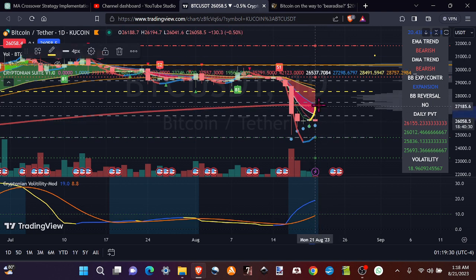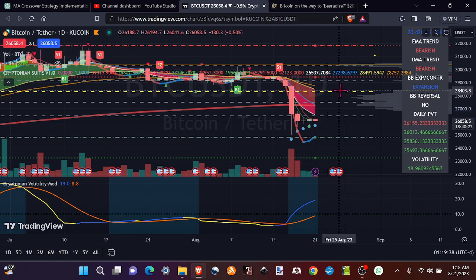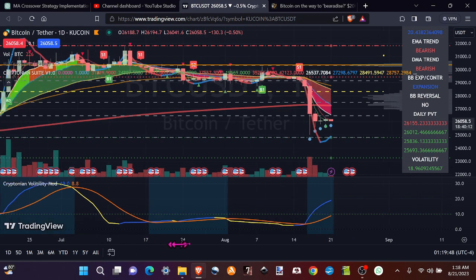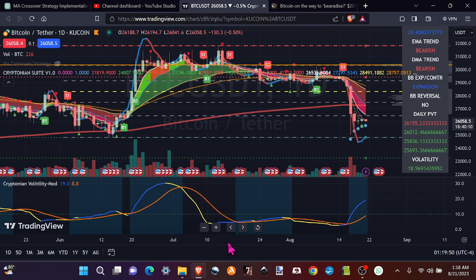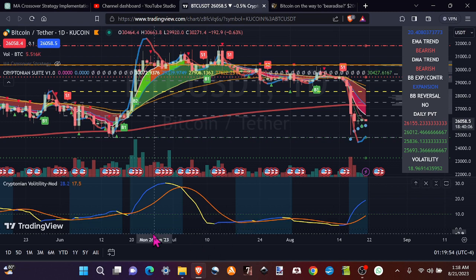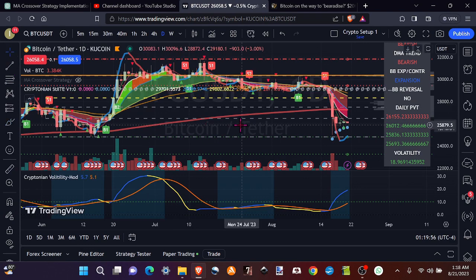So if we see a move pushing up here, 27,300 is significant as resistance, and then also 28,400. 28,400 is resistance. Again, the structure favors the bears. We are currently in the woods with the bears. And the golden pocket for the bears, let me move this over a little bit.